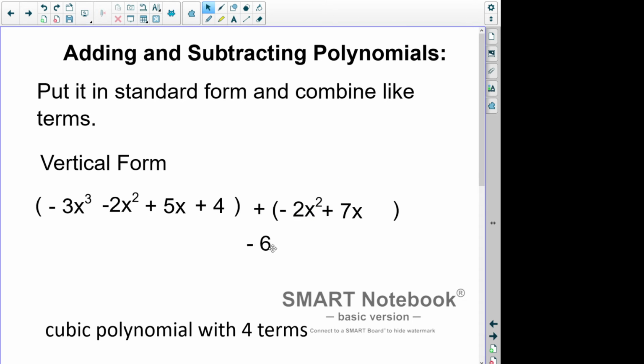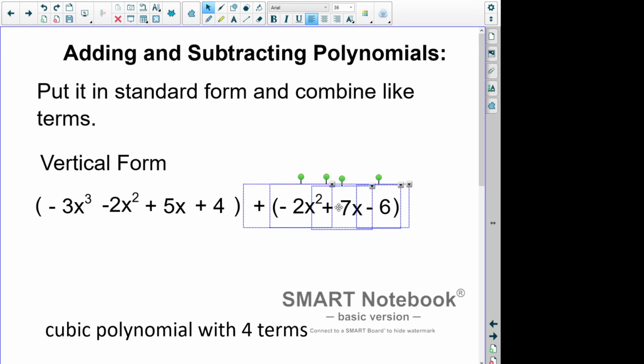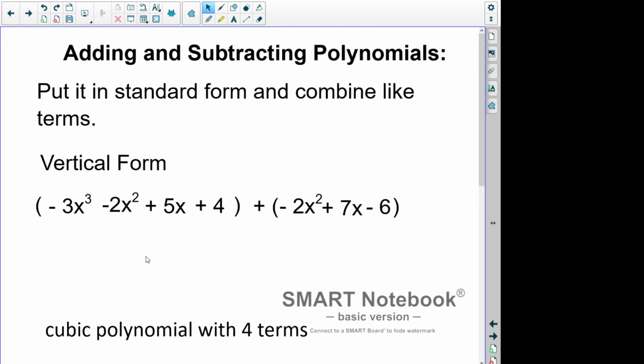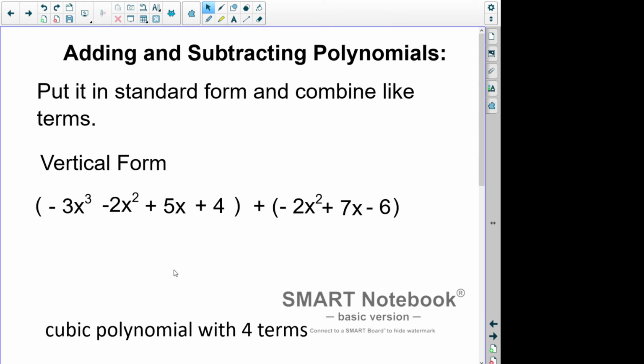So when we're adding and subtracting polynomials, all we're doing is combining like terms. There's nothing fancy about what we're doing here. We're just combining like terms. But as we get complicated polynomials, there gets to be a lot to keep track of. So there's a couple of ways that they talk about organizing these problems.